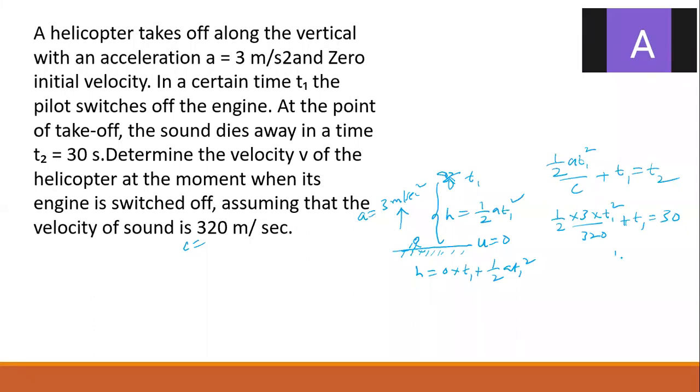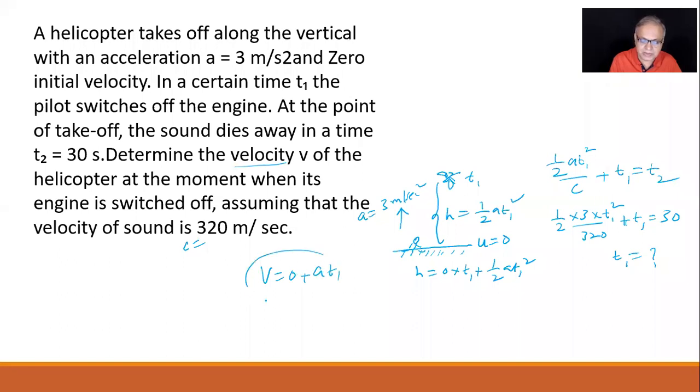So I'll get t1 from here. A quadratic equation comes once again, right? So solving, the velocity of sound is over. Find the velocity v of the helicopter. So v equals 0 plus a into t1. This will be your answer.